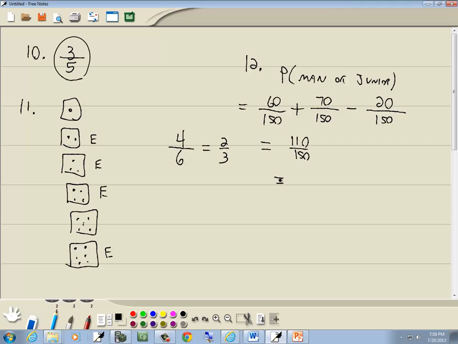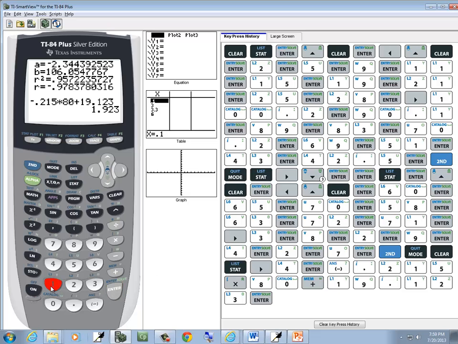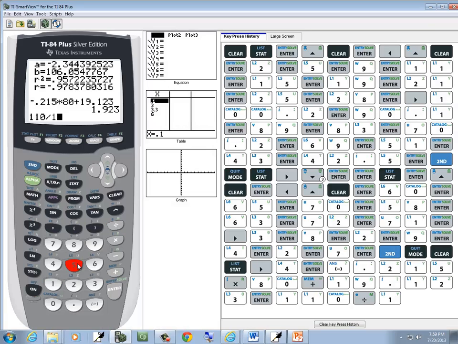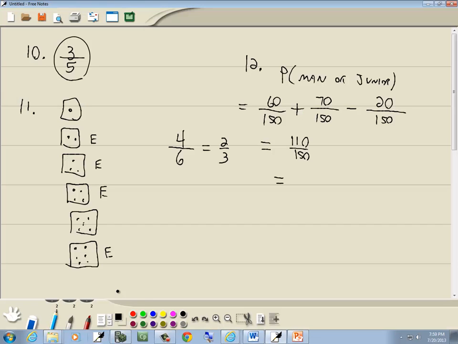I'm guessing that usually in multiple choice they'll put those as decimals, but let's see. 110 divided by 150. So our probability will be 0.73, well, 3 threes.